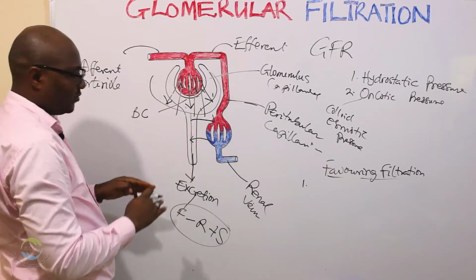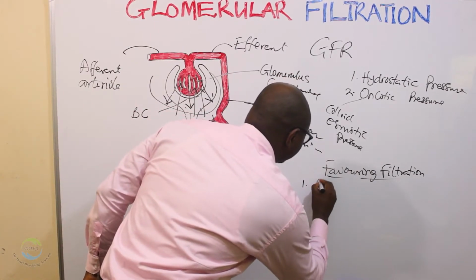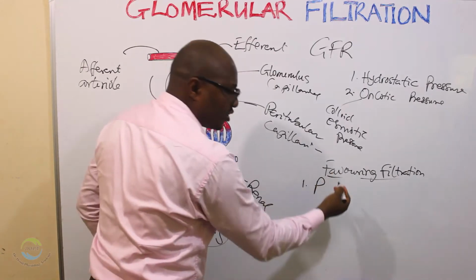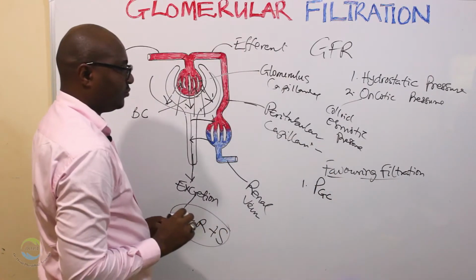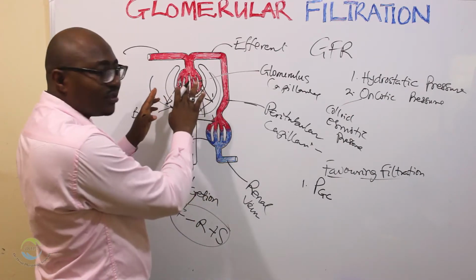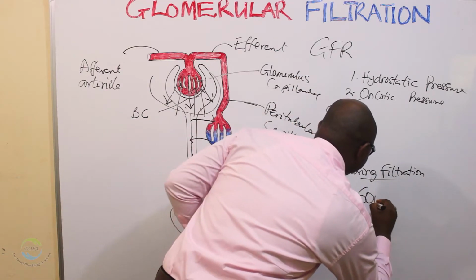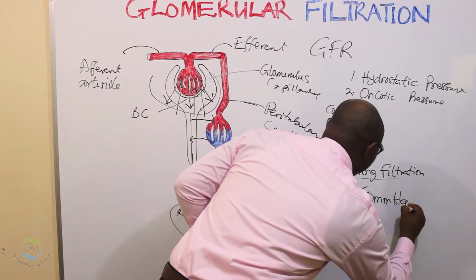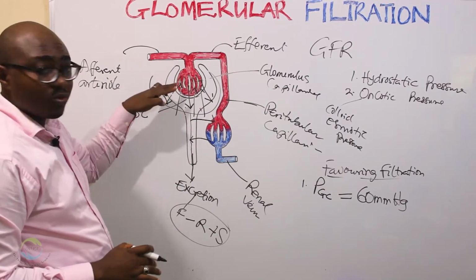It favors filtration. So we just use this symbol, hydrostatic pressure, glomerular capillary. It favors filtration. And the figure there is 60 millimeters of mercury. That's the hydrostatic pressure of the glomerular capillaries.